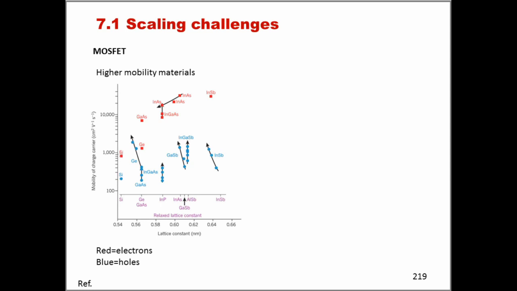In red you can see the mobility for electrons for that material, and in blue the mobility for holes. So you can see that silicon, in terms of intrinsic mobility of the charge carrier, is not doing really great. So we could definitely benefit from changing silicon to other materials.